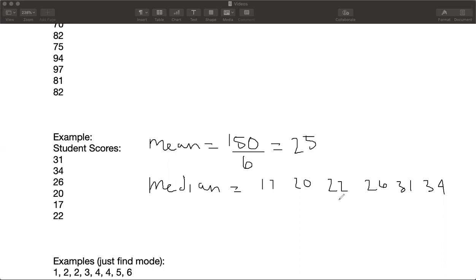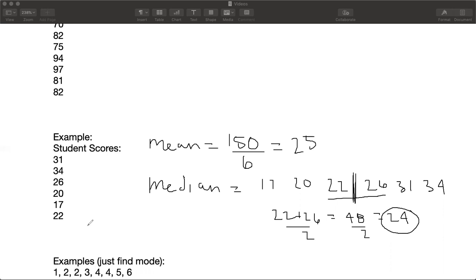We'll find the 2 in the center, so we have 22 and 26 in the center here, and we have to find the average of the 2. So we can add 22 plus 26, which gives us a nice 48. But then since we just have 2 values here, we're going to divide by 2. So the middle number in between 22 and 26 is 24. So our median is going to be 24. So if we have an even number of values in our set, find the 2 in the middle and then take the average of the 2, or find the middle between those 2 numbers.